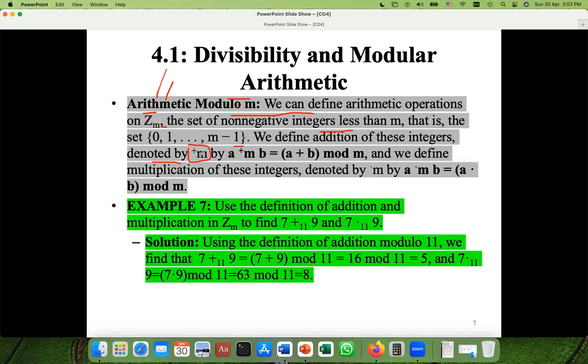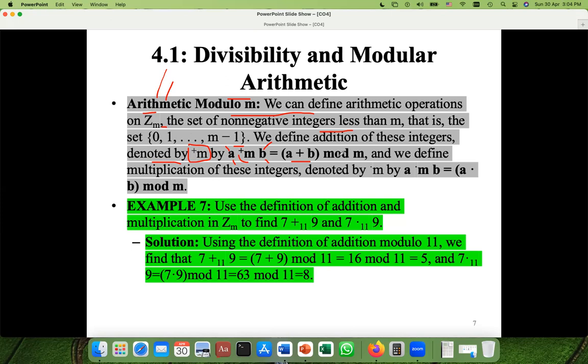So you can apply this symbol between these two. You can add any two elements of this set. If a and b are two elements, then you can apply plus m, the operator. This is the operator. And how can we perform this addition? The right hand side will let you know. Right hand side is giving you the information that you first have to add a and b and you will get some resultant value.